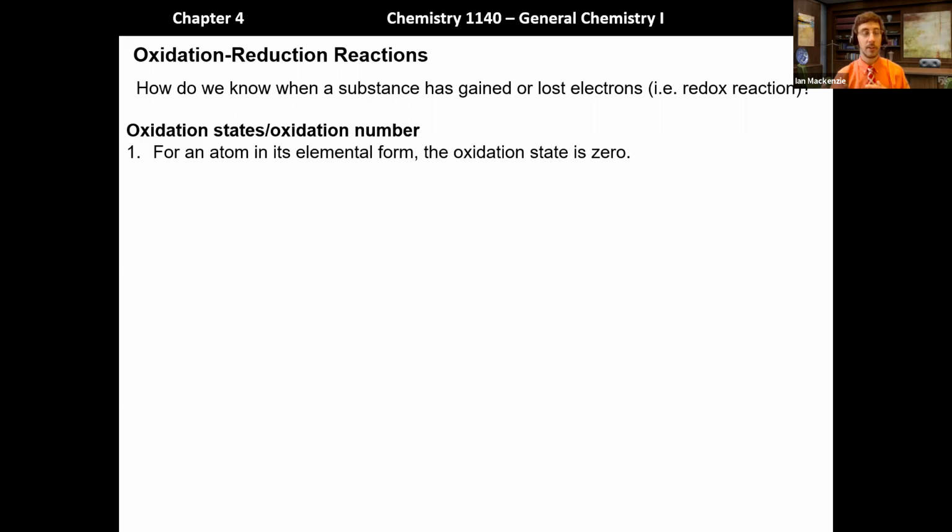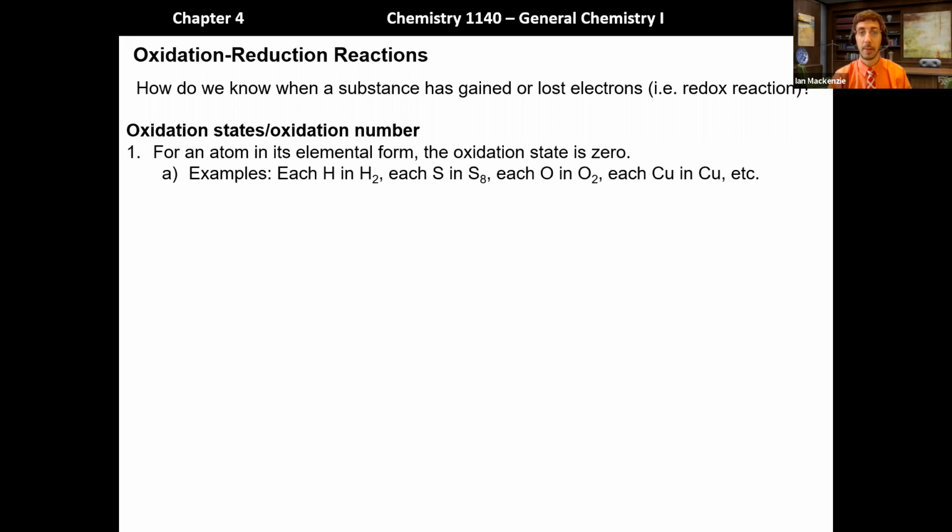Hydrogen, oxygen, nitrogen, those are diatomic gases, remember? So if they're in the diatomic form, then their oxidation state is 0, and so on and so forth. Any atom that's in its elemental form has an oxidation state of 0.